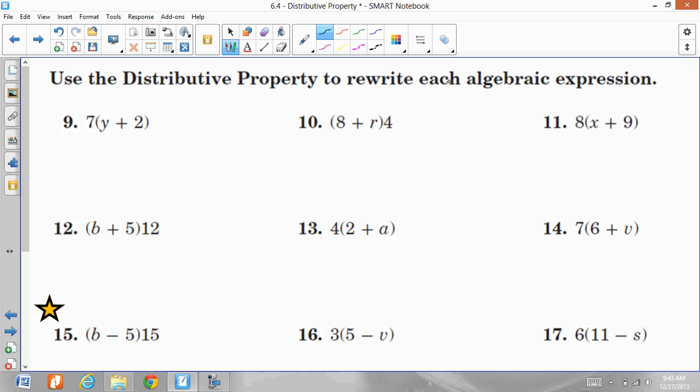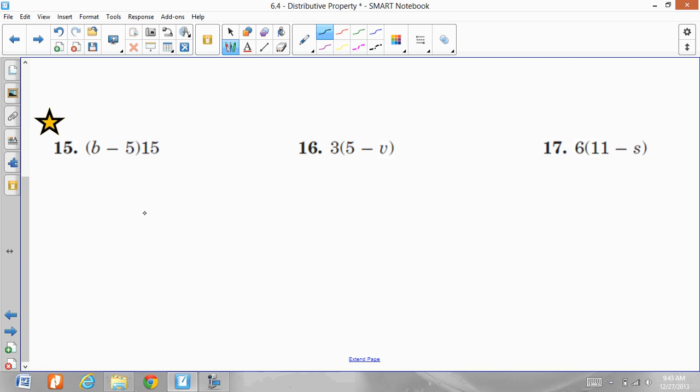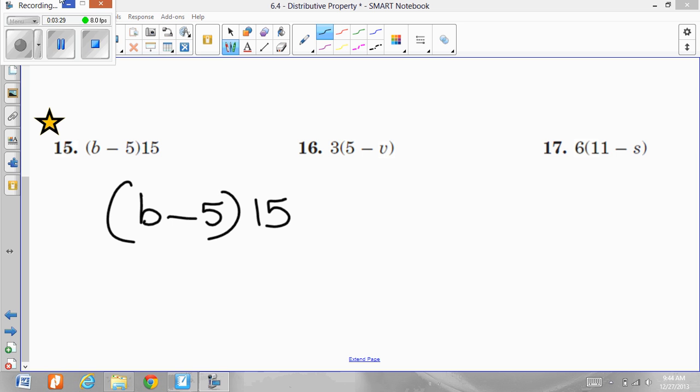Use the distributive property to rewrite each algebraic expression. So number 15, I'm going to rewrite this as (b - 5) times 15. So this is also once again a distributive property, except the number is at the end.